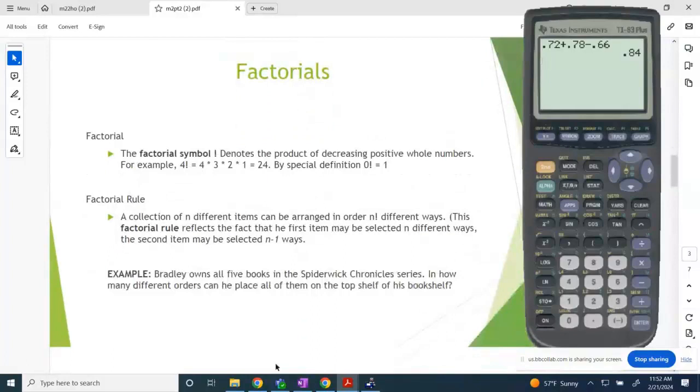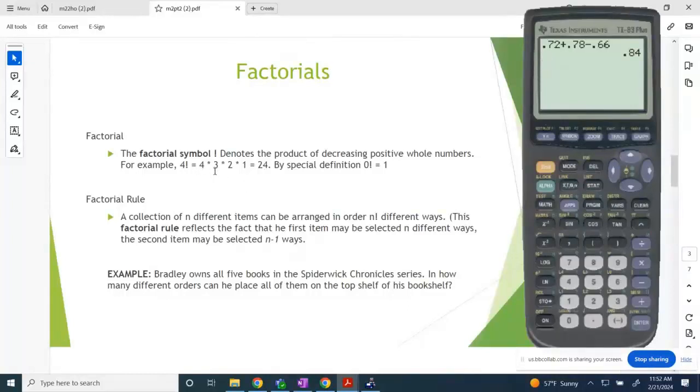All right, now we're going to take a look at factorials. And a factorial denotes the product, and product means to multiply, of decreasing positive whole numbers. For example, 4 factorial, that's equal to 4 times 3 times 2 times 1.